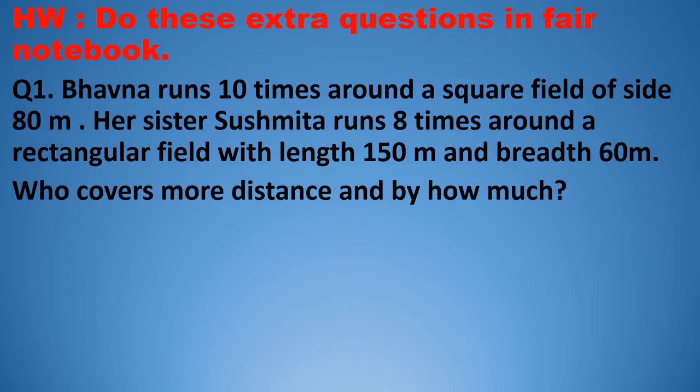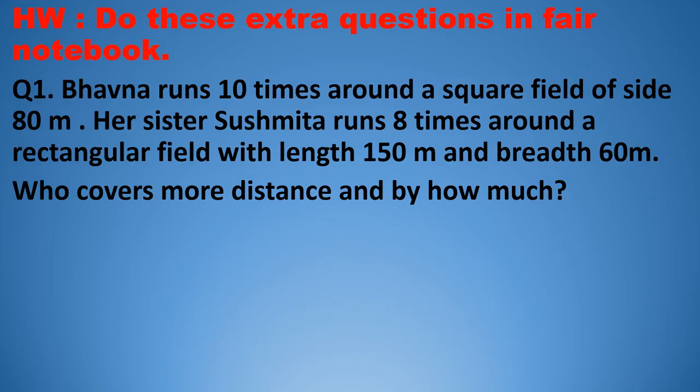Okay. Question 1. Bhuvan runs 10 times around a square field of side 80 meter. Her sister Shushmita runs 8 times around a rectangular field with a length 150 meter and breadth 60 meter. Who covers more distance and by how much? Now see, it is runs around a square and rectangular field.